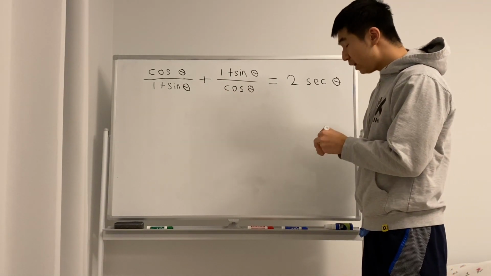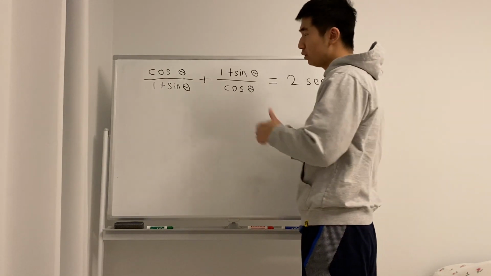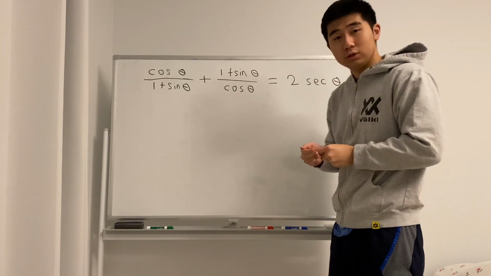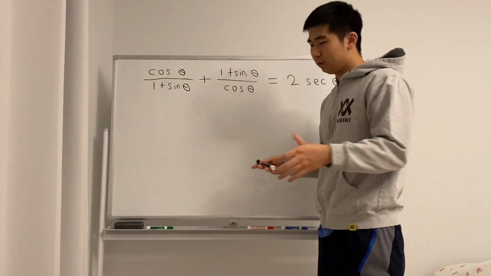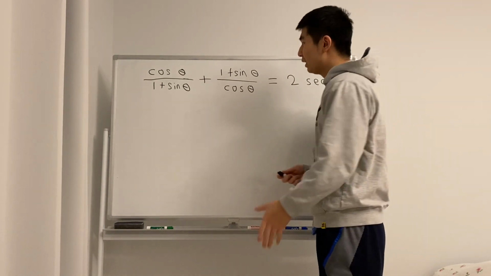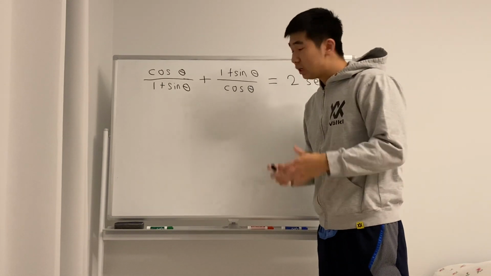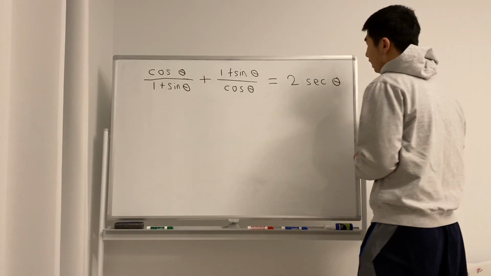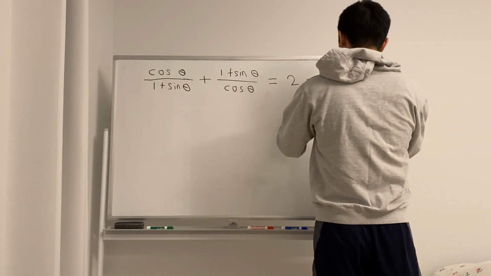Now, when I was trying to prove this identity, I was thinking, okay, first thing you do, you always start off by simplifying the more complex side. So in this case, that's the left side. Now, keep in mind, secant is the same thing as 1 over cos.